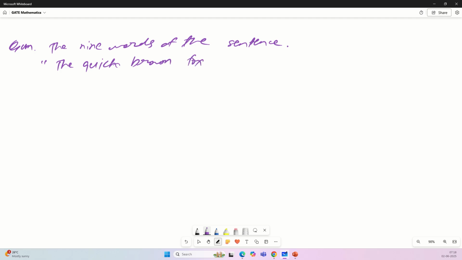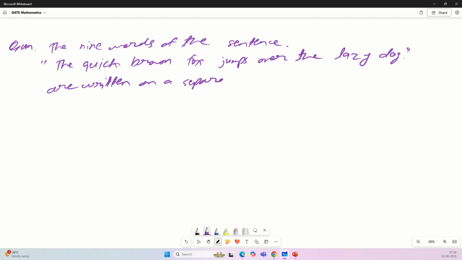This is a very popular sentence used to make you write and learn all the letters of the alphabet. Got it? The words are written on a separate piece of paper and kept in a box.